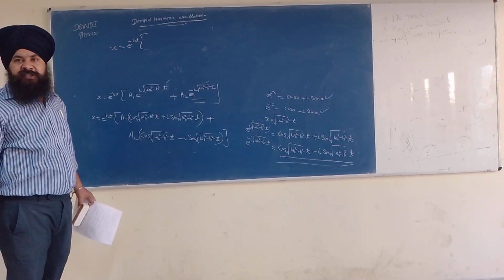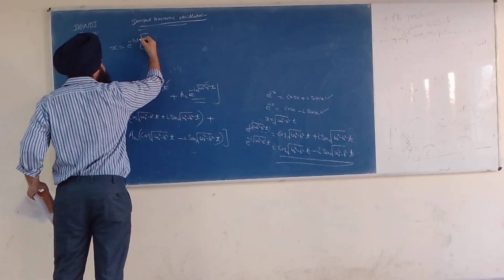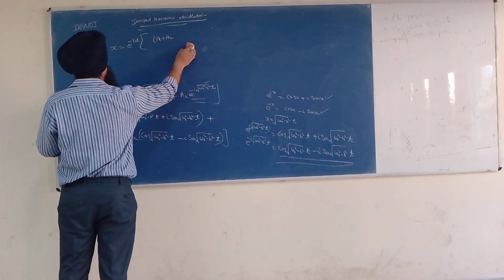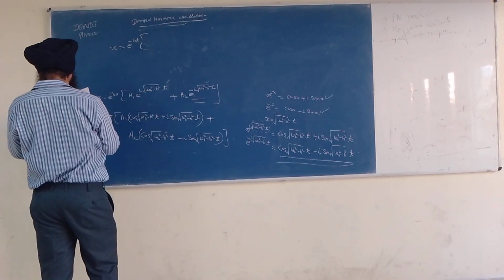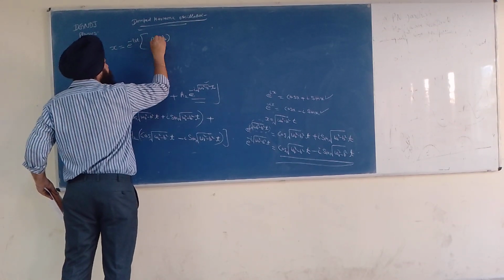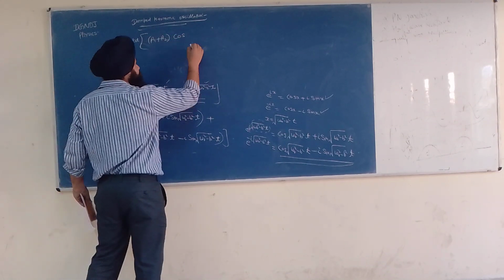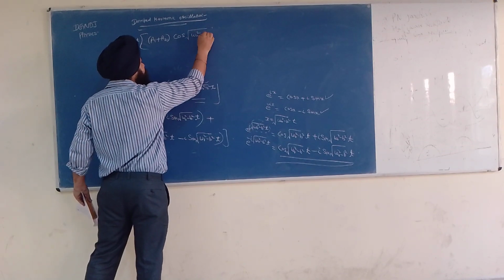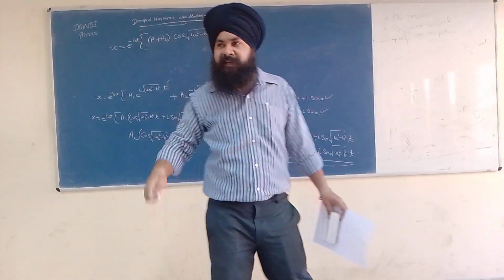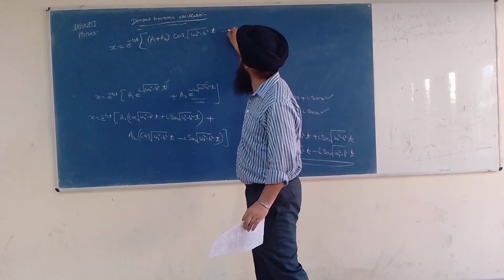So cos is common: a1 plus a2, cos of square root of omega naught square minus b square into t. Please check. Sometimes I can be wrong because I am very close to the board, so you have to verify all the terms.